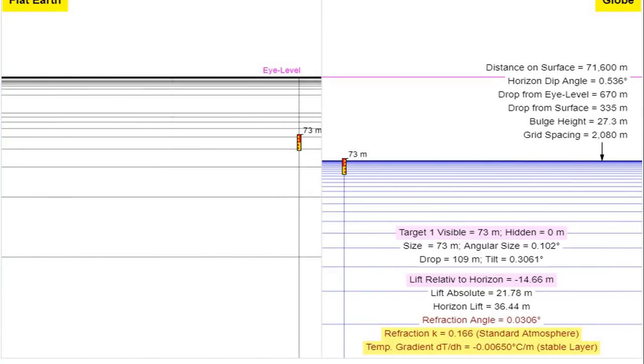Now, if we put the relevant figures into Walter Bislin's curvature calculator, we see that on a spherical Earth, the 73-metre lighthouse tower should appear above the horizon. This yellow and red rod here represents the whole of the island plus the lighthouse tower.